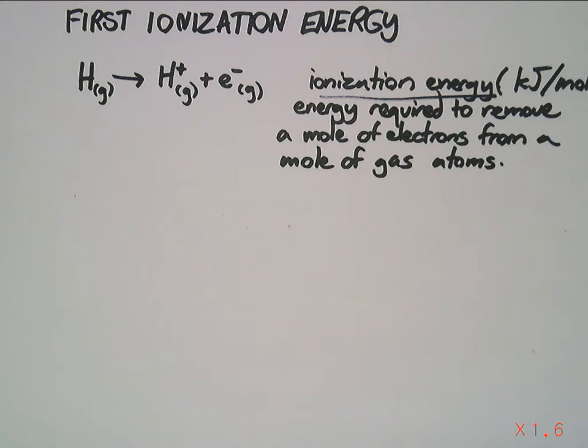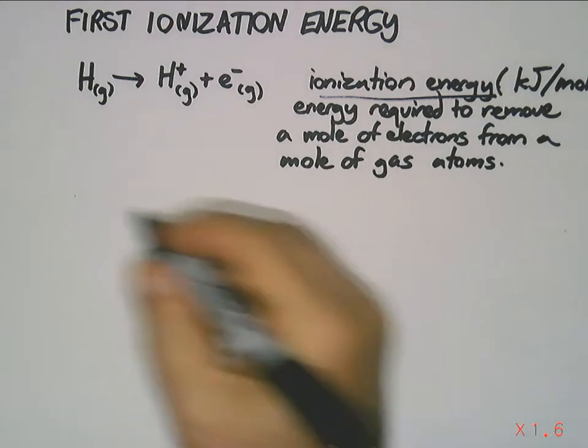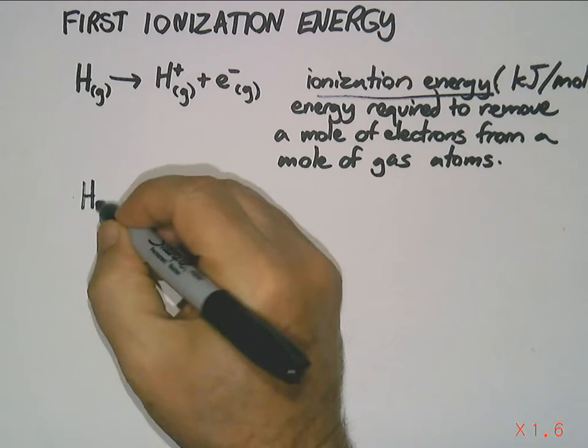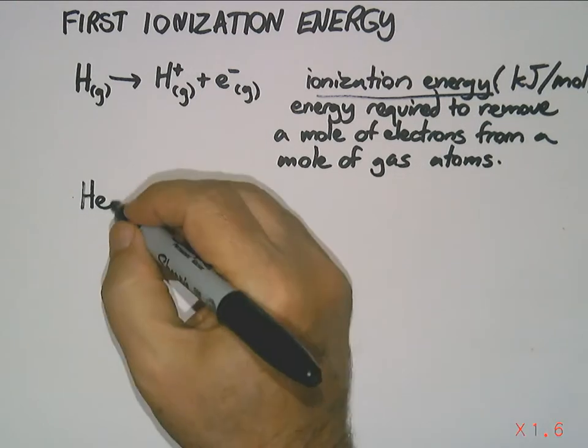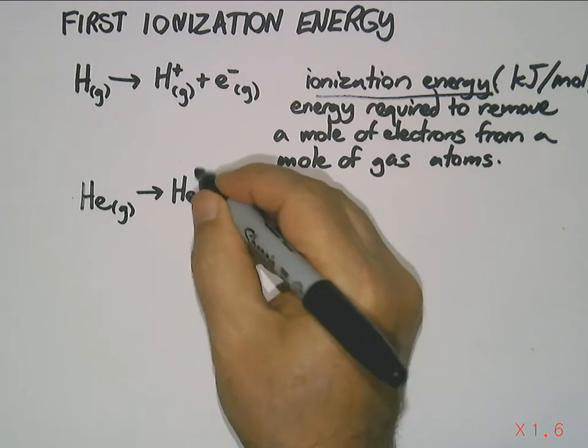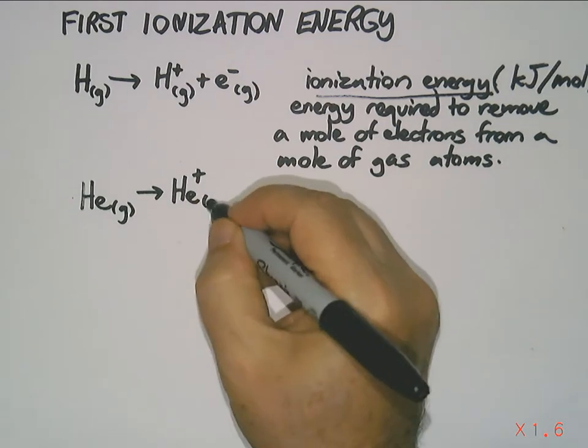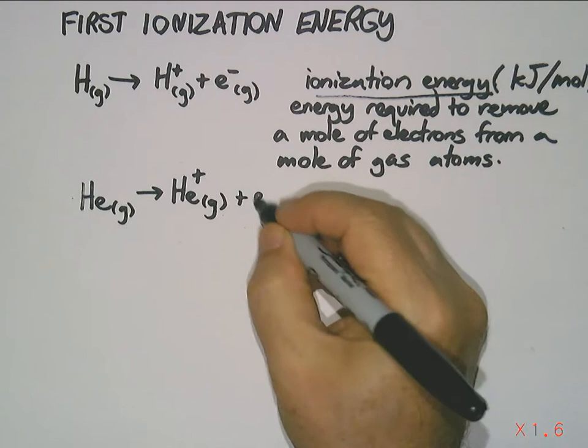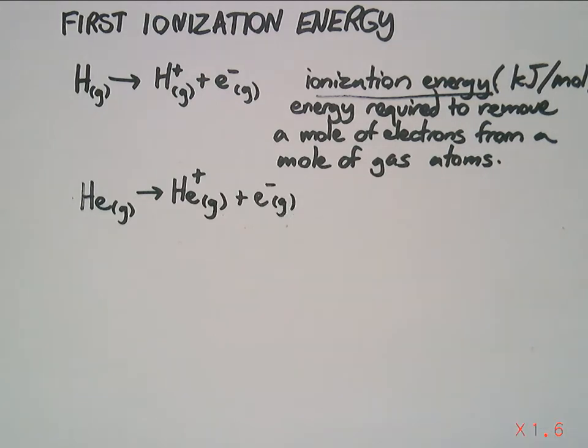Anyway, you can do this for other atoms too. If I look at the first ionization energy for helium gas, I'm going to get a helium positive ion here, plus an electron in the gas phase. Now suppose I compare the numbers for those two things. Let's picture what's going on.